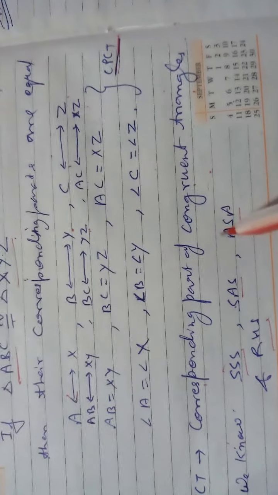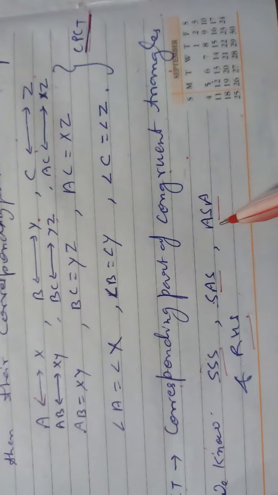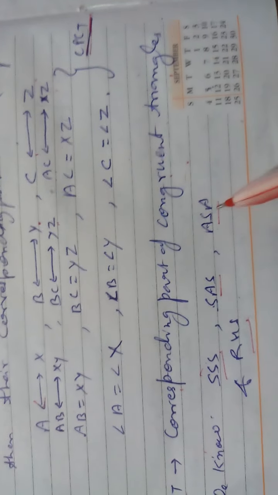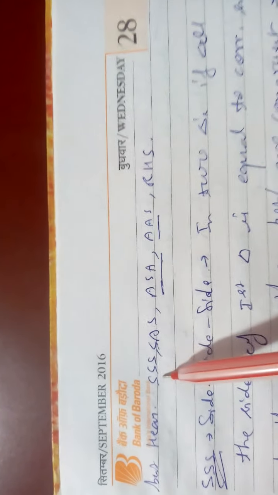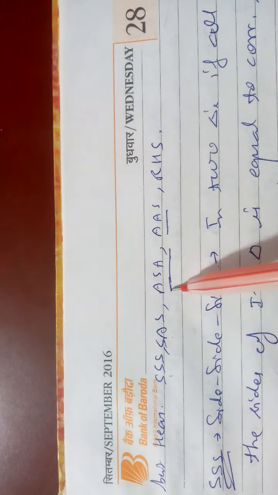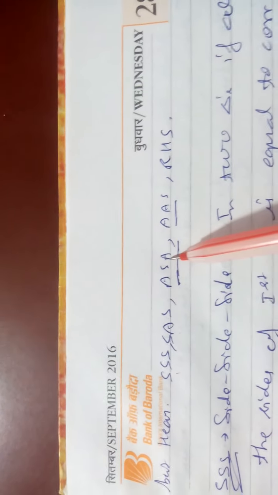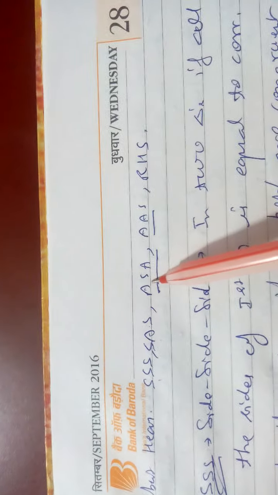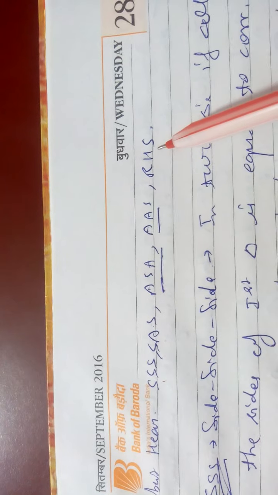In 9th we will study one more on the basis of the angle sum property of a triangle: instead of ASA it will be AAS. Here in the 9th we will study SSS, SAS, ASA and AAS. If two angles are equal, then the third will also be equal. So on the basis of this we will take AAS, and RHS, right angle hypotenuse.